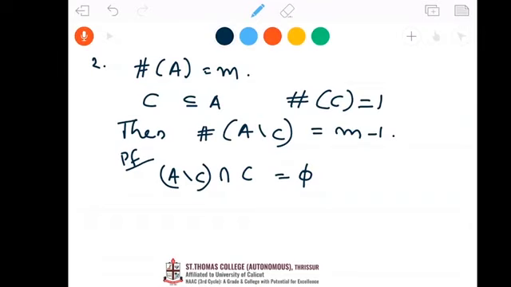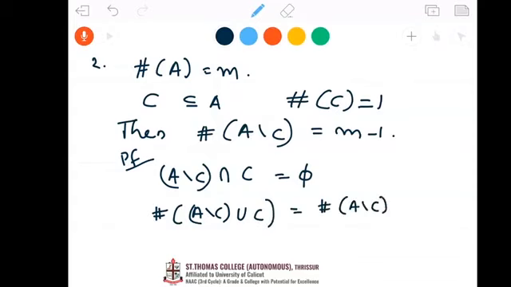Clear? Then, by the previous result, the number of elements in A minus C union C is equal to the number of elements in the first set plus the number of elements in the second set. What is A minus C union C?